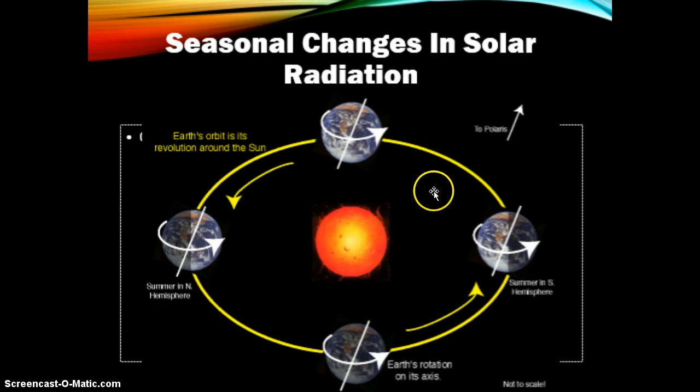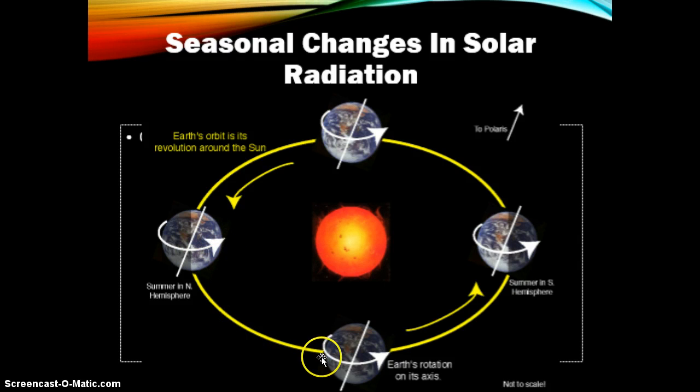So in March, starting March 21st and going to September 22nd, the northern hemisphere is more tilted towards the sun. So that's where we are, and that's why we have summer at that time of year, because we're tilted more towards the sun, so we get more direct sunlight, longer days, and things like that.